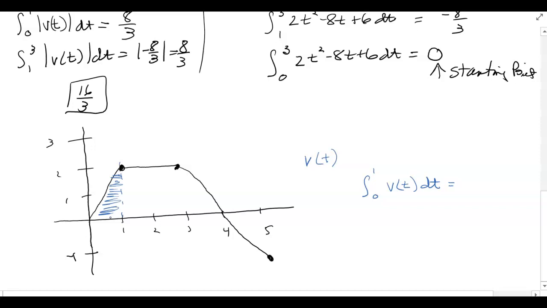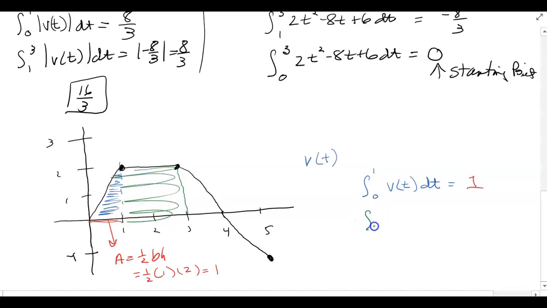This is a triangle, right? Isn't the area of a triangle simply 1/2 base times height? So 1/2, your base is a unit of 1, height is 2, 1/2 times 1 times 2. Looks like that just comes out to 1.